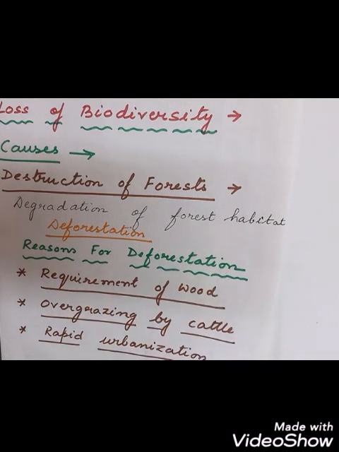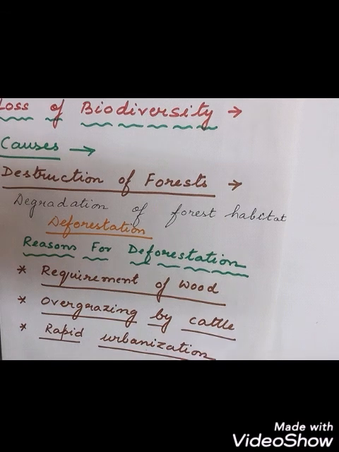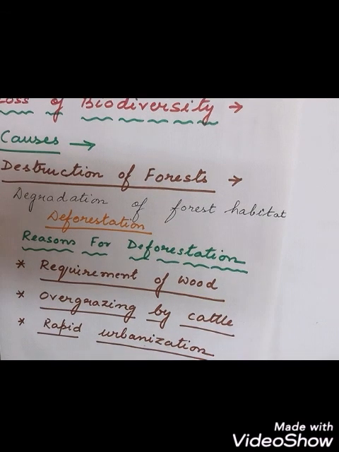Deforestation. And another point is rapid urbanization, where urbanization means converting the forest into agricultural land, and also these forests are cut for making the roads and also the railway tracks and also the dams to convert a village into a city.